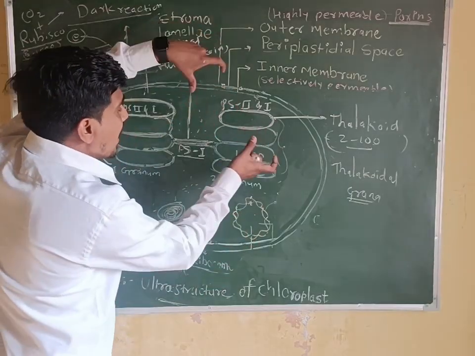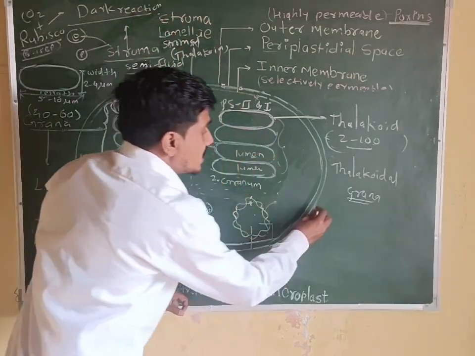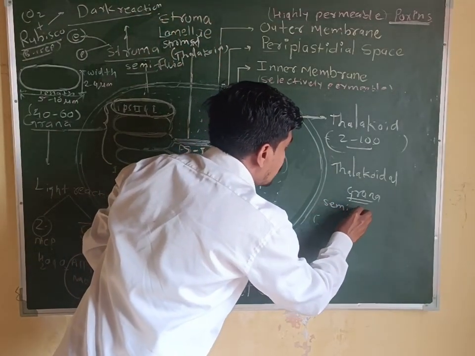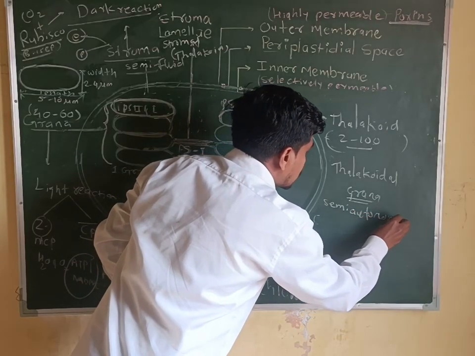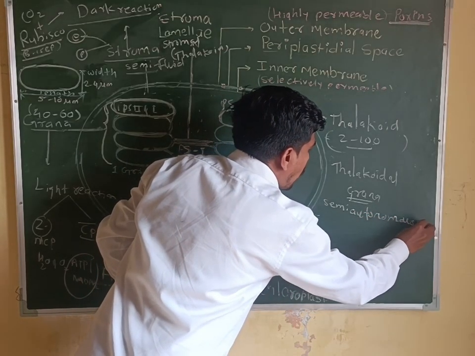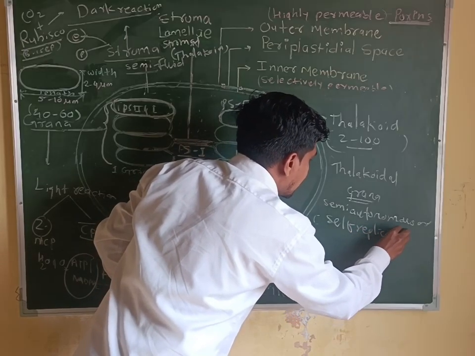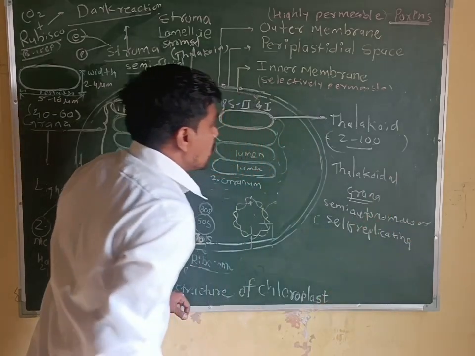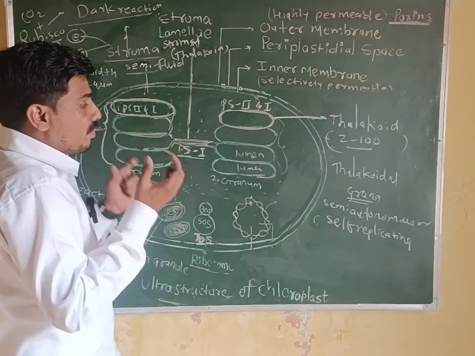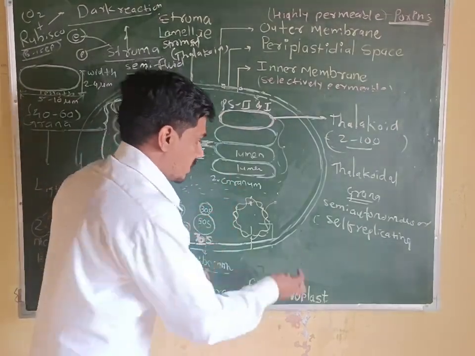Why is chloroplast known as semi-autonomous or self-replicating? Because chloroplast has its own genome.